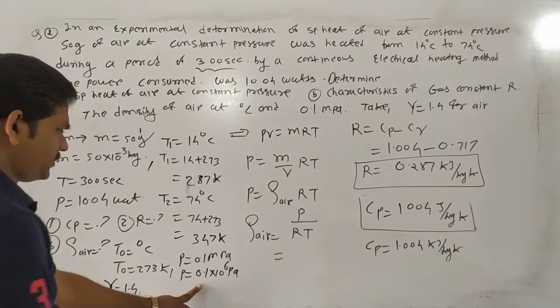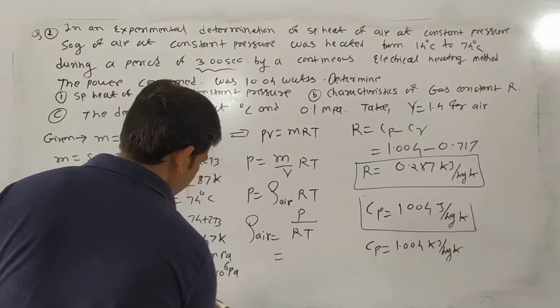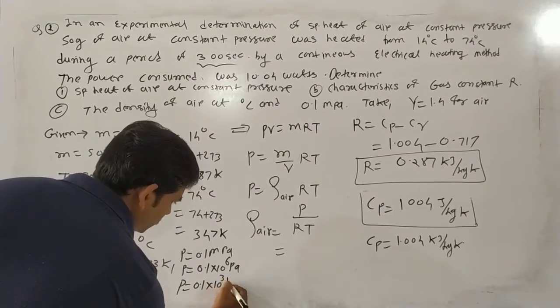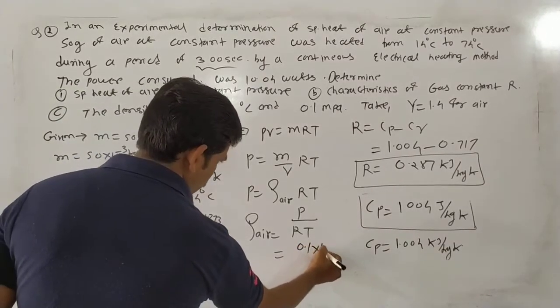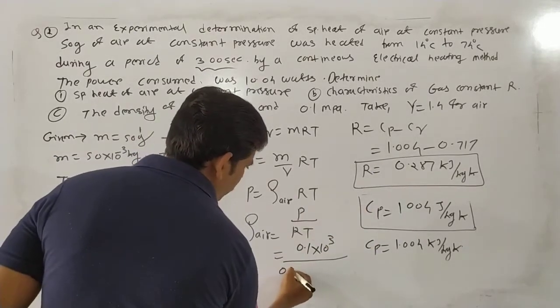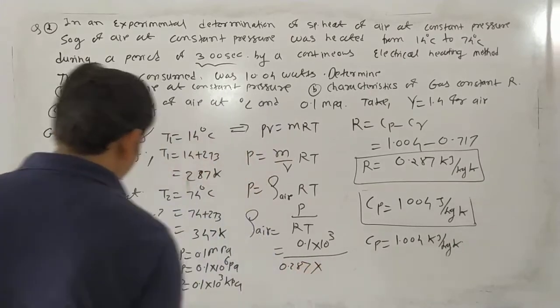P is given this much, convert into pascals or kilopascals. It is 0.1 into 10 to the power 3 kilopascals. So put here 0.1 into 10 to the power 3. R of air, 0.287. Okay, and temperature is given how much?